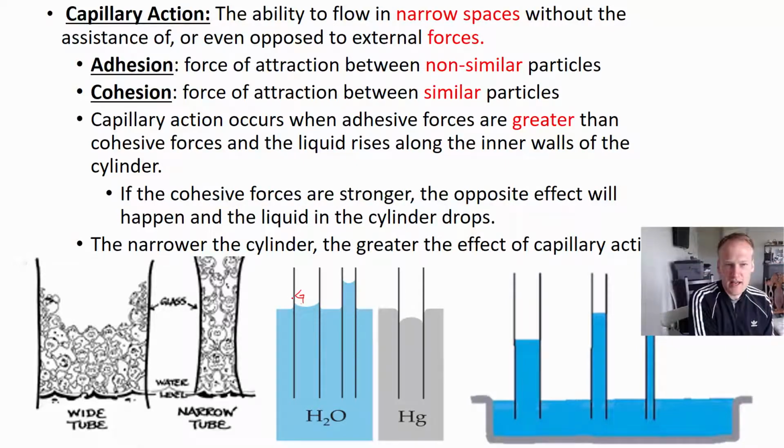That's adhesion. Capillary action occurs when the adhesive forces, so the forces attracted to the side of this glass tube, would be greater than it has attraction to itself. So because of this, this water is going to kind of crawl up the sides, and it's going to give us what we call a meniscus.